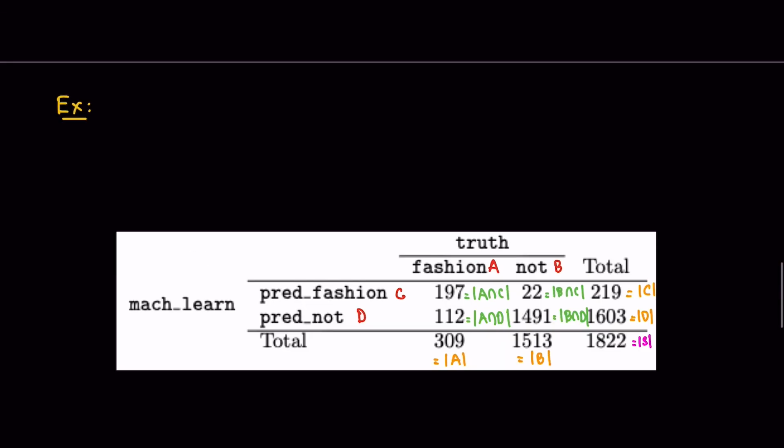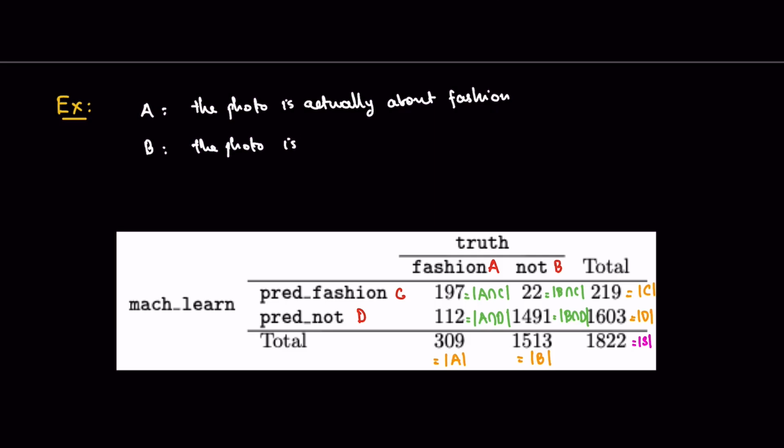So you can write down the information that A is the event where the photo is actually about fashion. B is the event where the photo is actually not about fashion.